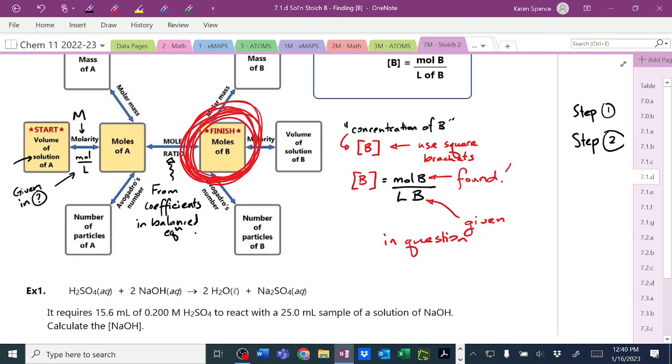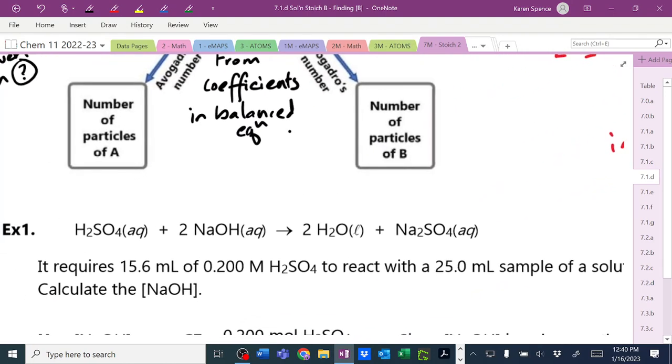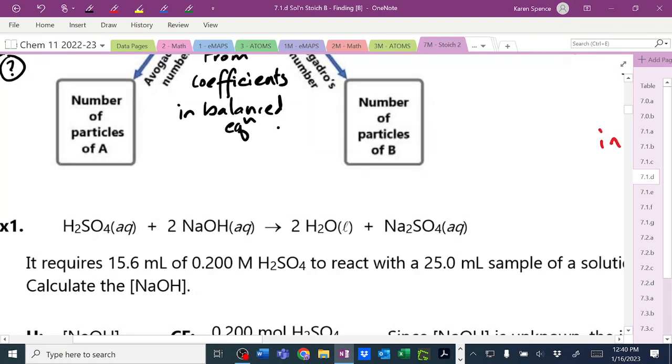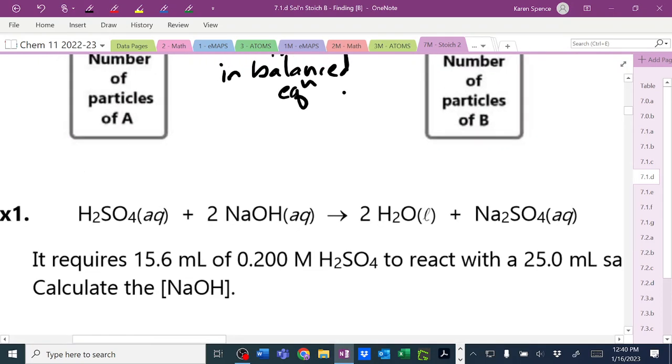Okay? So let's take a look at this question here. What kind of a reaction is this? Tell your partner, what type of reaction is this? What type of compound is H2SO4?